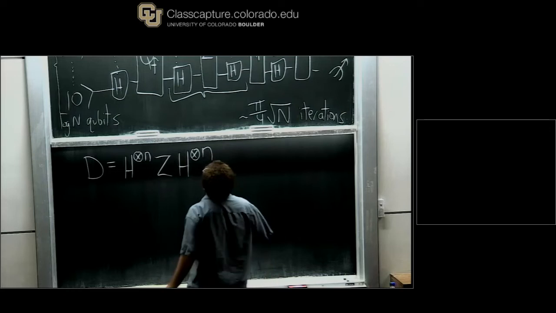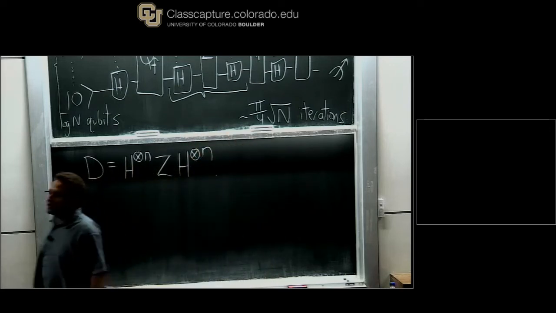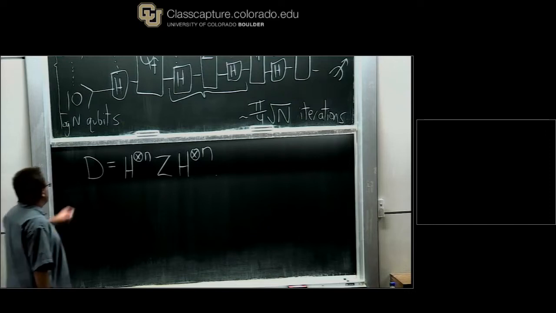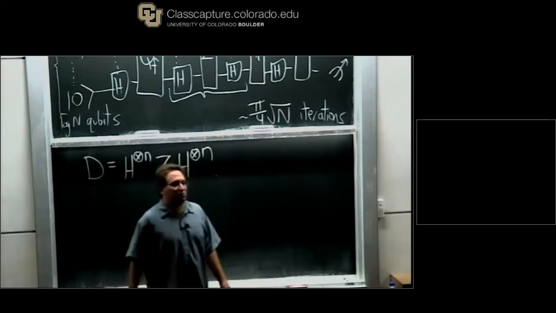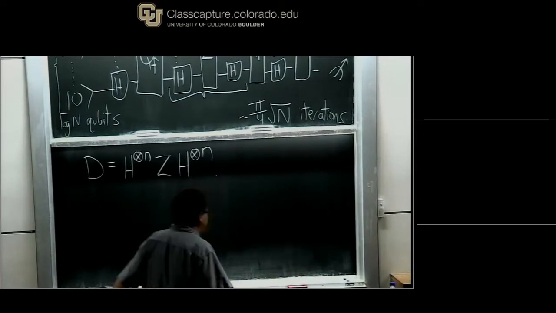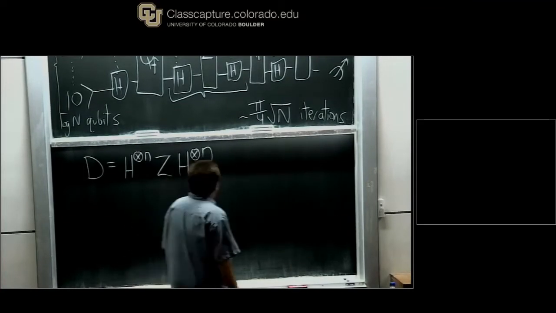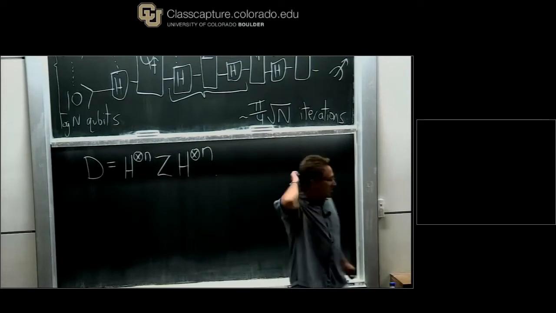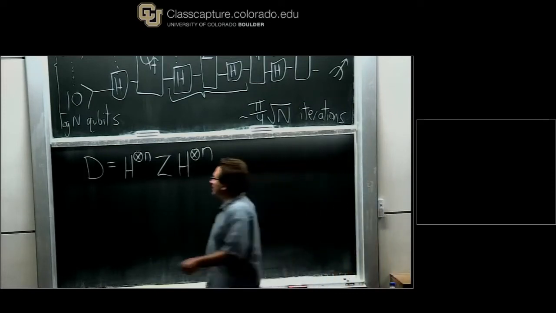The concatenation of those three blocks, I'm going to call D. And this actually has a name. It's called the Grover diffusion transform. And the question is, what is this thing doing?